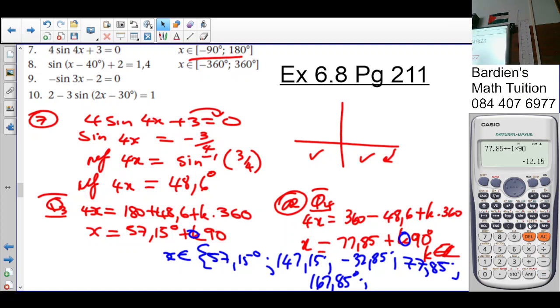That's going to give us negative 12,15. Inside or outside? Inside. Negative 12,15 degrees. If I'm going to put minus 2 in there, definitely outside. This is negative 102 and the lower boundary is negative 90. Can you see that, people? So I can close it here. Okay? And the last one, number 9.